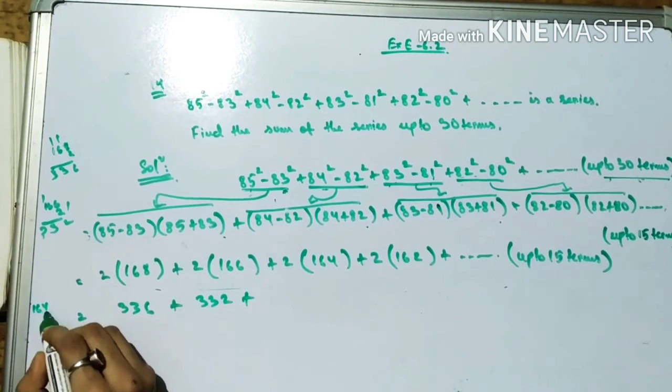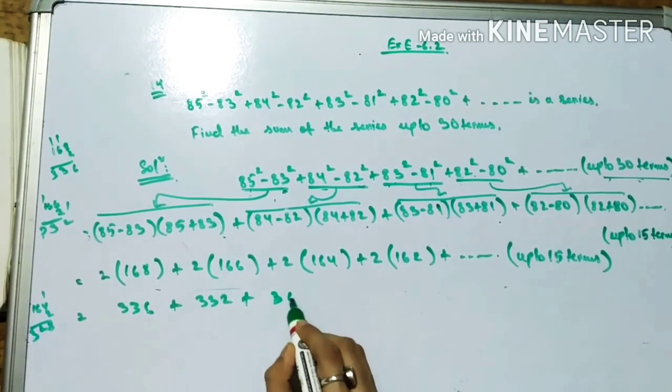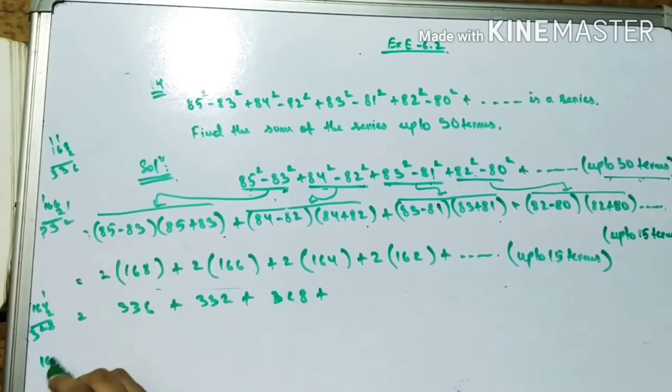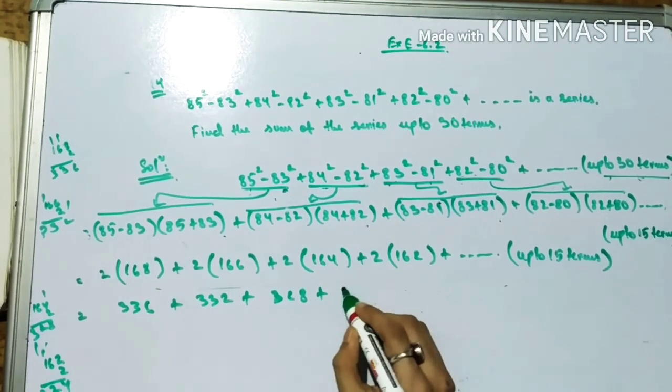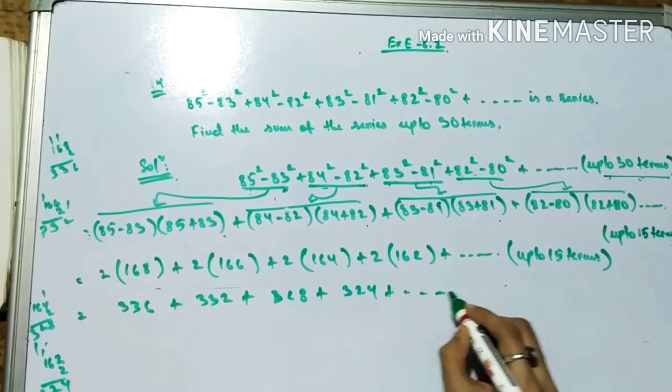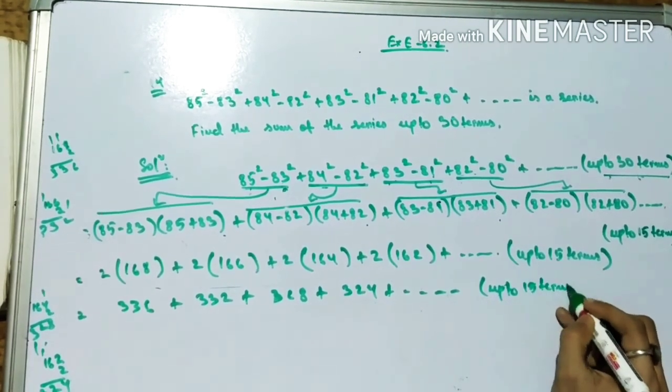Plus 164 into 2, 328. Plus 162 into 2, 324. Plus dot dot dot up to 15 terms.